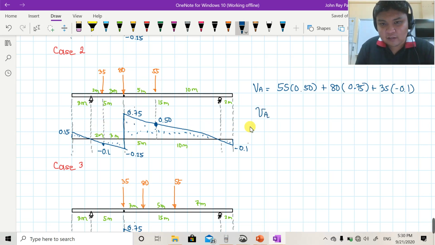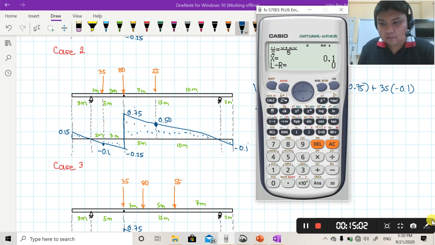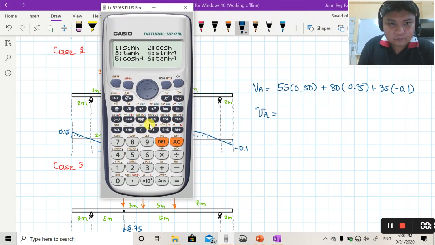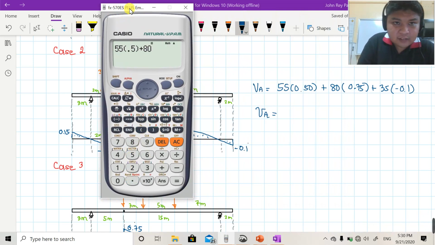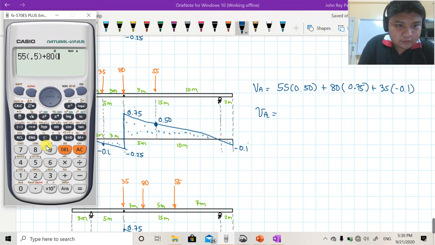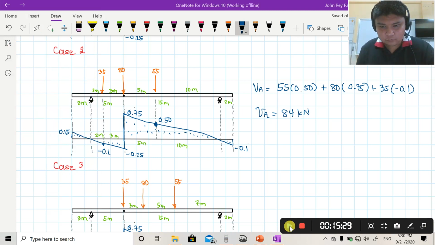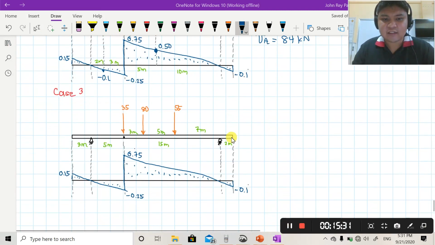So therefore, ang mahahanap mo dito na value ng VA ay equal sa 55(0.5) plus 80(0.75) plus 35(-0.1). Okay, so ang magiging answer natin is 84 kilonewtons. So ayan, tapos na tayo sa case 2.